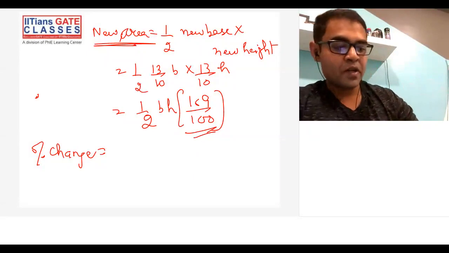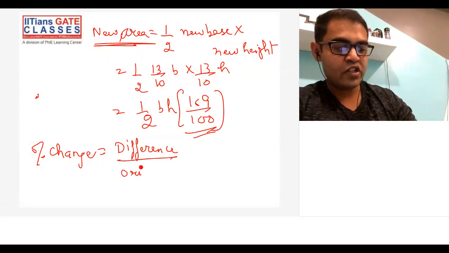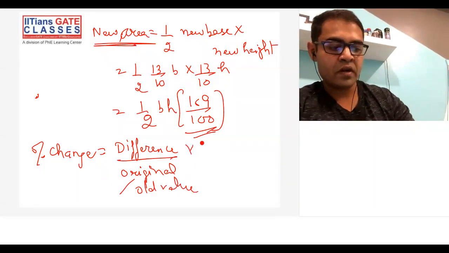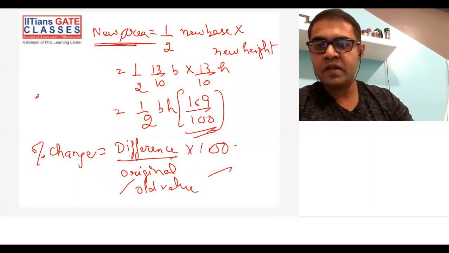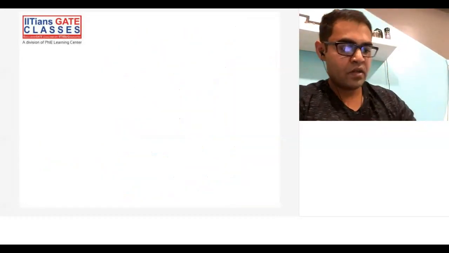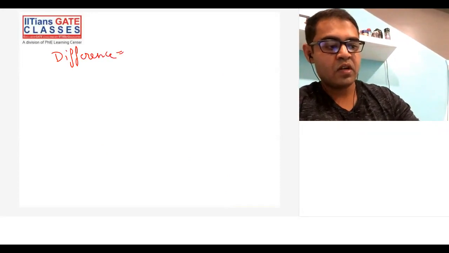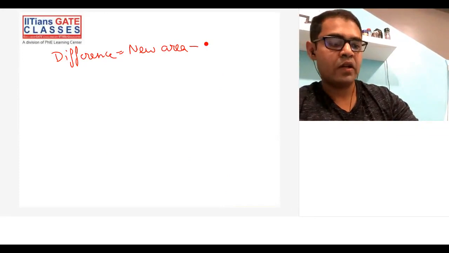So percentage change is difference divided by original value, or you can say old value, into 100. This is the percentage change. So now I want to calculate the difference. So the difference is what? Difference is equal to new area minus whatever old area was, right?